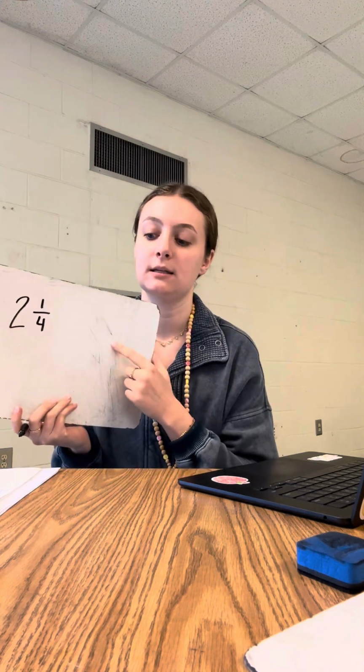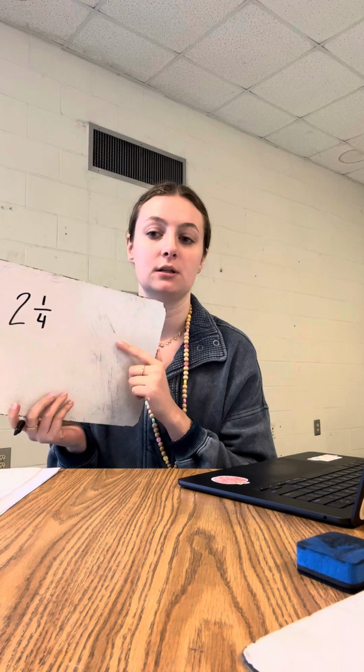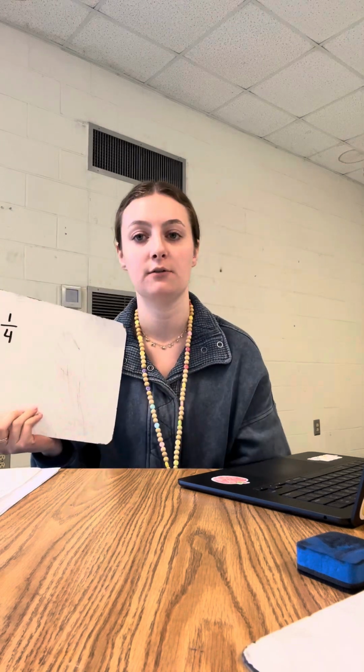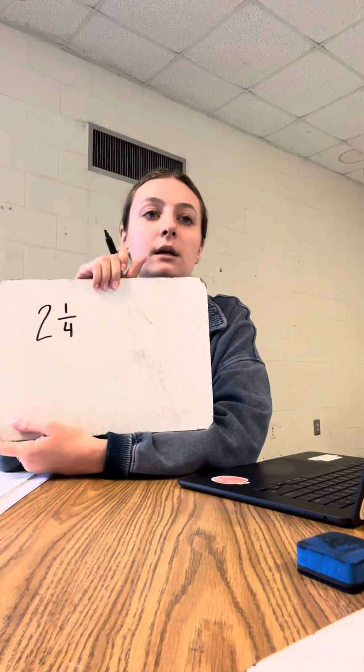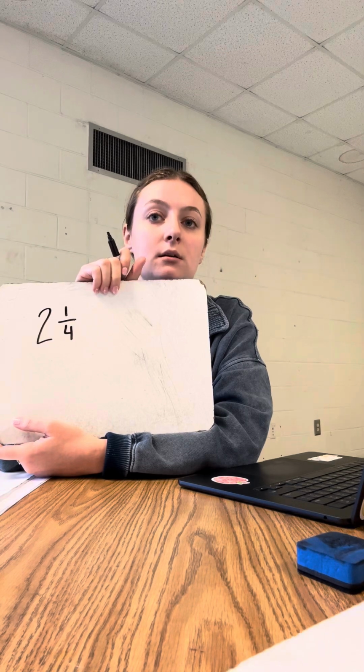Okay, so I'm first going to work one out with y'all, and then I'm going to give you one to work out by yourself. Let me write it out so y'all can see it. I want to change this to an improper fraction. So it's 2 1/4. If the first step is to multiply the denominator by the whole number, which number are we going to use? 4 times 2. Perfect. That's 8.